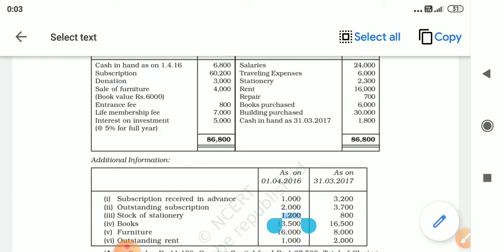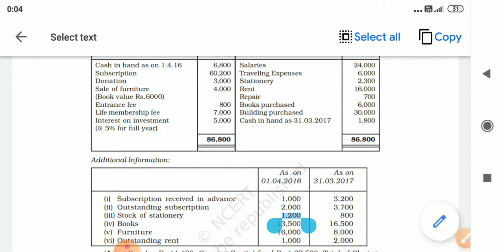What does it come to? 2 plus 1 is 3, and 3 plus 2 is 5. 3,500. 3,500 minus 800 comes to 2,700. I'll just check if I'm saying it correctly, children.